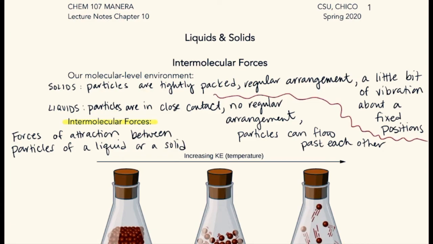So maybe strong intermolecular forces would lend themselves to creating a solid structure. Weaker intermolecular forces make it possible for molecules to kind of move around a little bit, and they're still connected, but not tightly packed. Okay, so there's some varying strength of these forces, and we're going to talk about that.